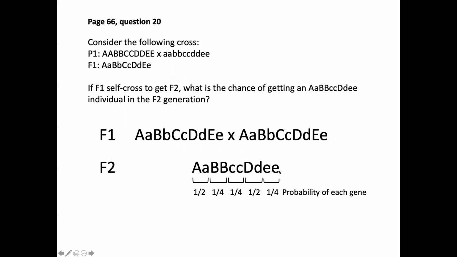And then homozygous ee is 25%. So these 5 genotypes together, multiplied by each other, is 1 out of 256. This is the final probability, and that is the answer for this question.